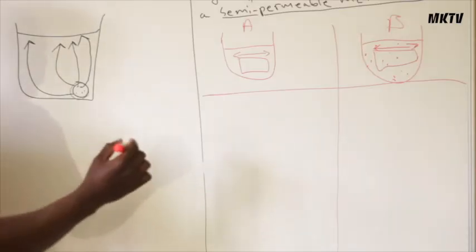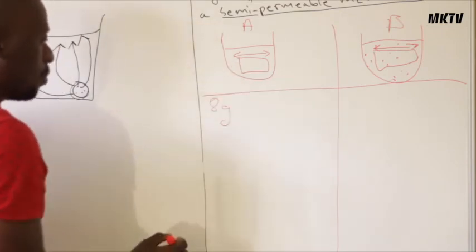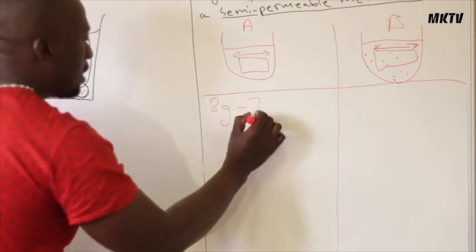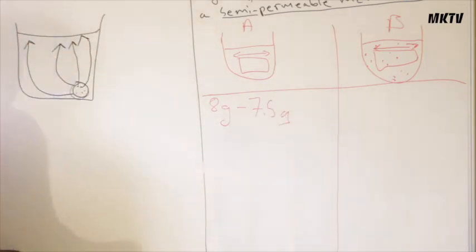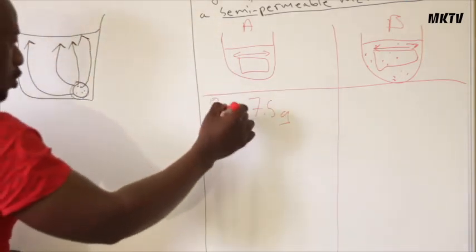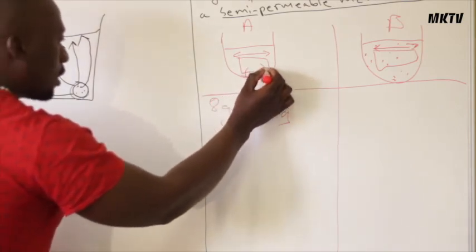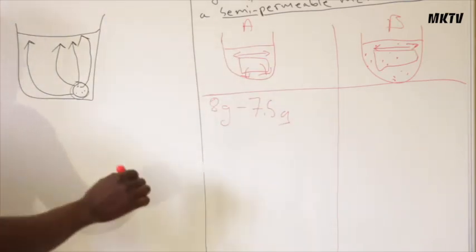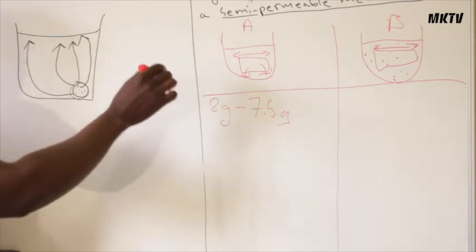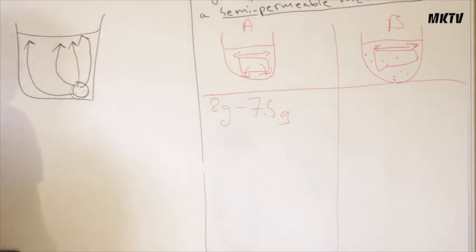Suppose the potato was 8 grams at first. When it comes from pure water, you might find that it is now 7.5 grams. Why? Water moved out of the potato and escaped into the container. By that, it means osmosis has taken place.